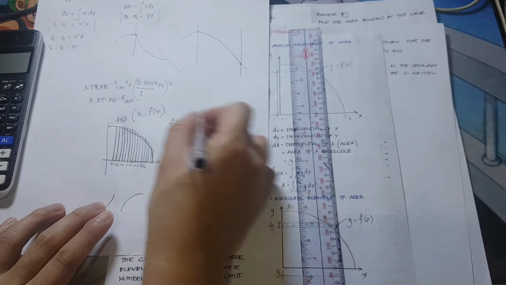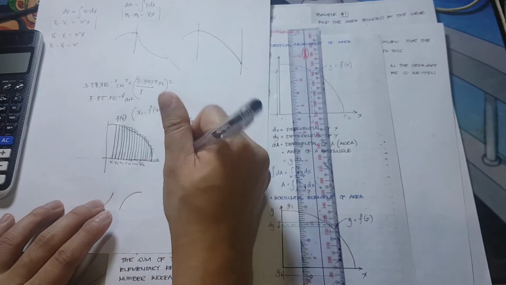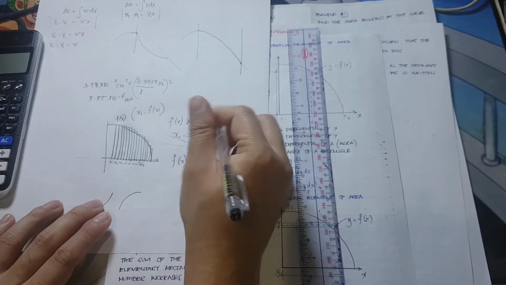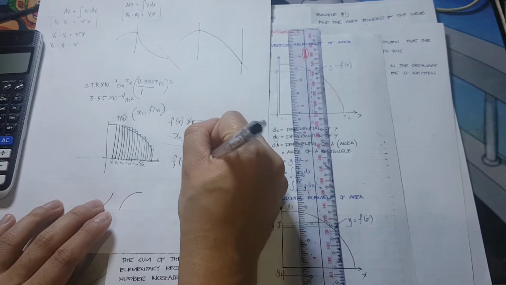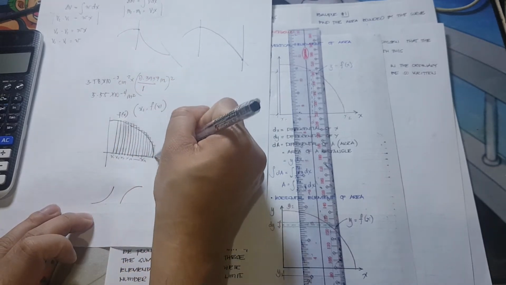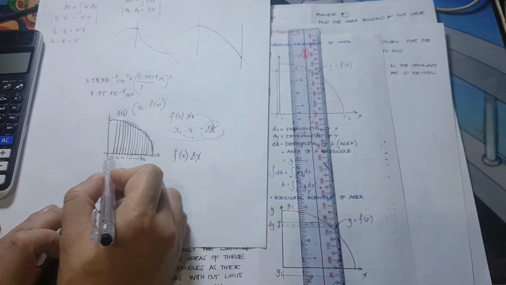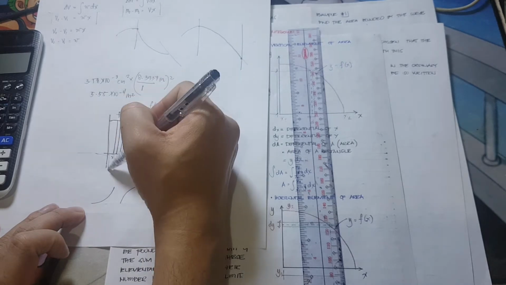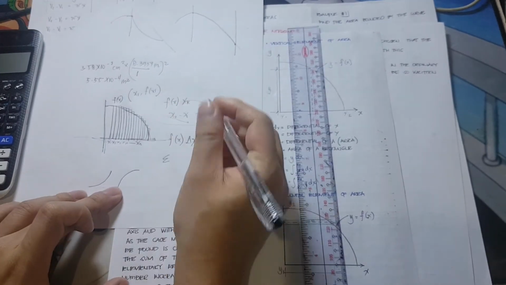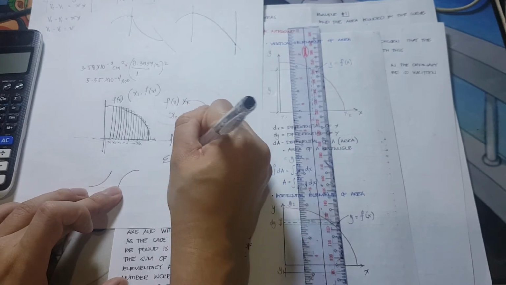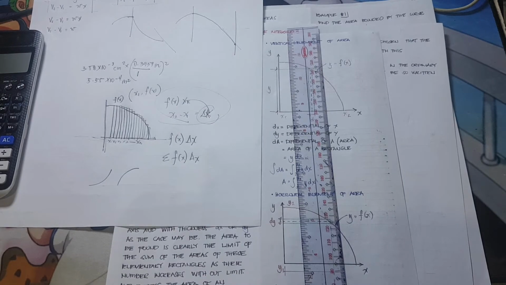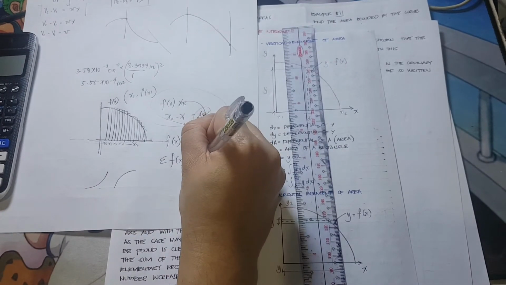If I substitute this here, that would be f of x delta x. So to solve for the area of this curve bounded by the y-axis and the x-axis, it is simply the summation of f of x delta x up to a point k.